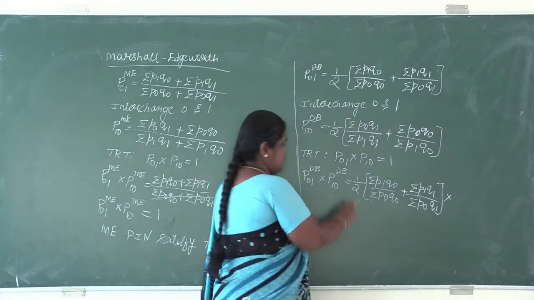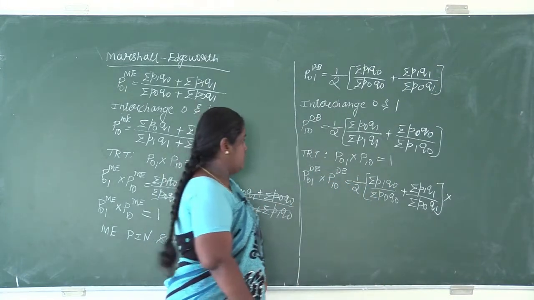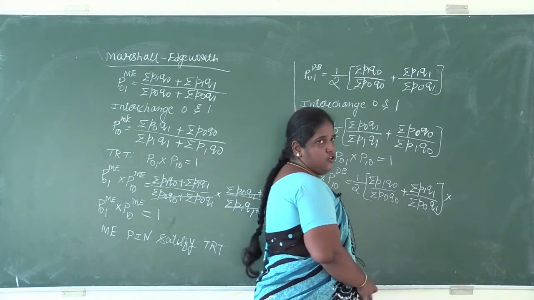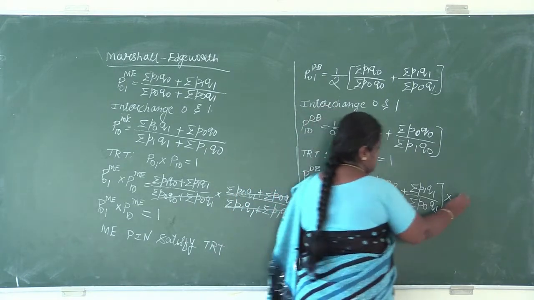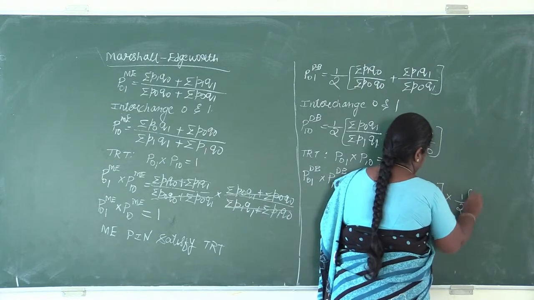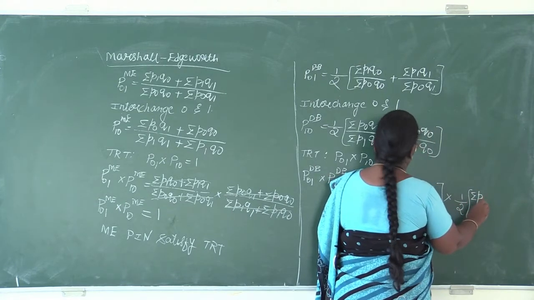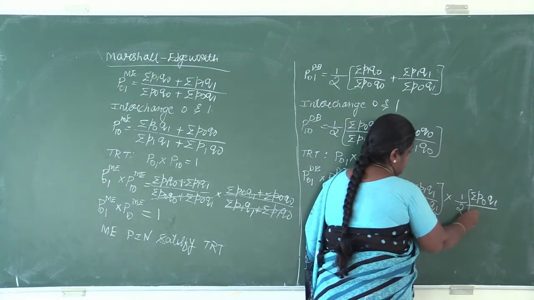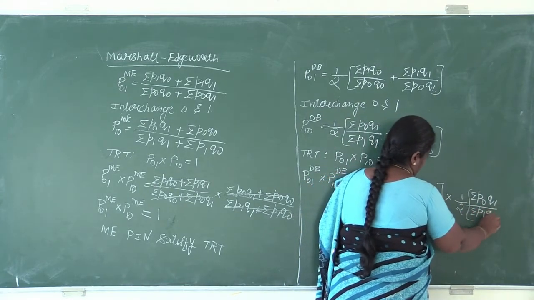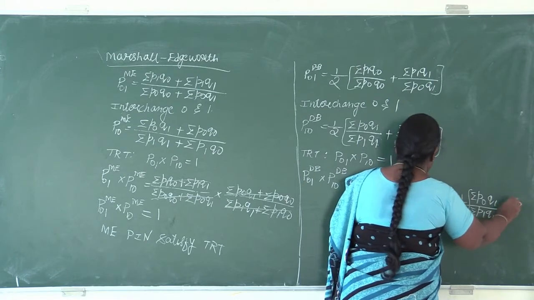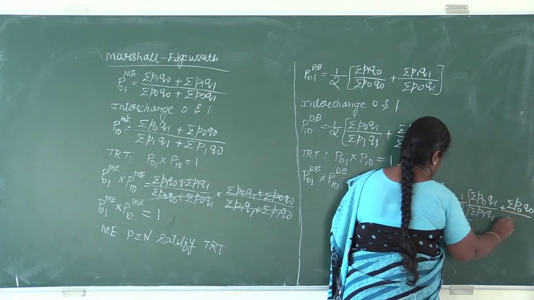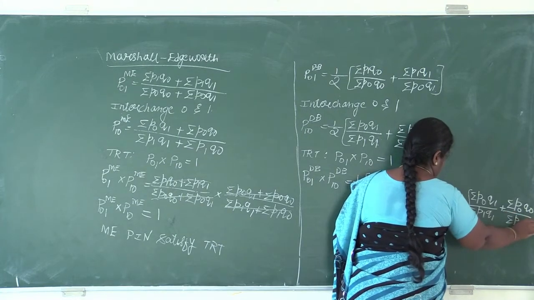So this is regarding the P01 Darvish-Pauli's index number. We have to write now P10 Darvish-Pauli's value, which is 1 by 2 into sigma P0 Q1 divided by sigma P1 Q1 plus sigma P0 Q0 divided by sigma P1 Q0.